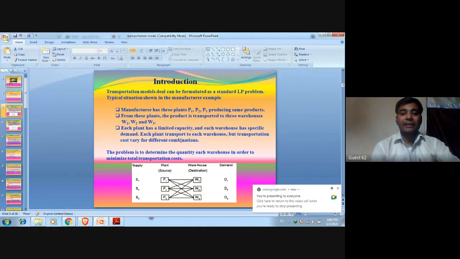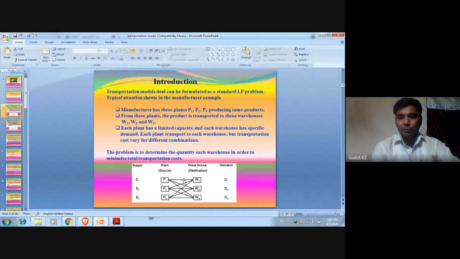Now, each plant transports to each warehouse. Here we are looking in the figure that P1 sends its product to W1, W2, and W3. Similarly, plant P2 also supplies its product to W1, W2, and W3.